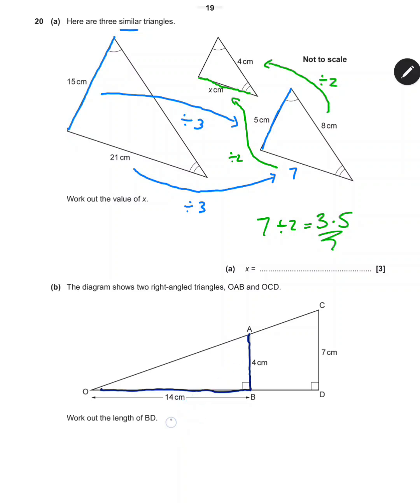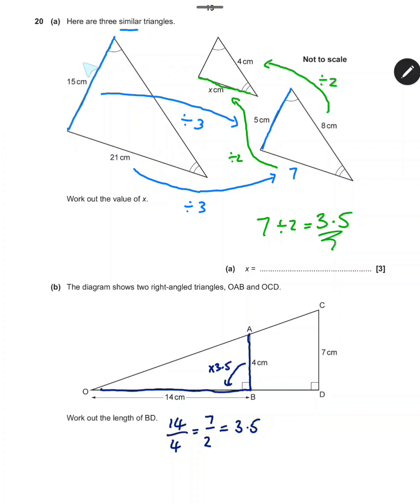So what I'm going to do is do 14 divided by 4. Well, that's the same as 7 divided by 2. And we just did that up there. That's 3.5. So what we can say is this side is 3.5 times bigger than this side.